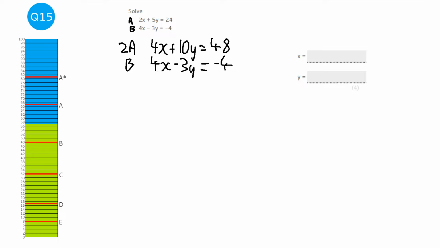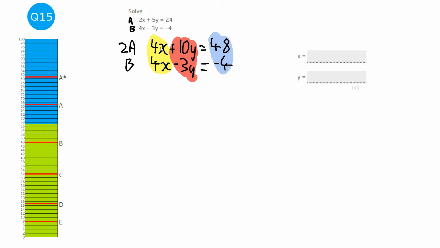Okay, with simultaneous equations we're always working downwards. So we're looking at these, and then we're looking at these. So we're working downwards. Now, we need to figure out what we're doing. Well, the whole target of simultaneous equations is to get rid of the x or the y.